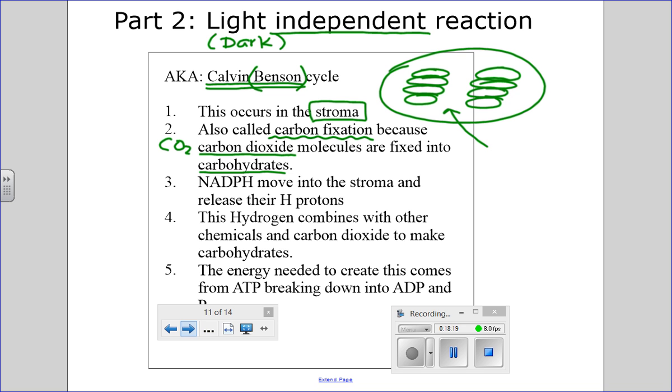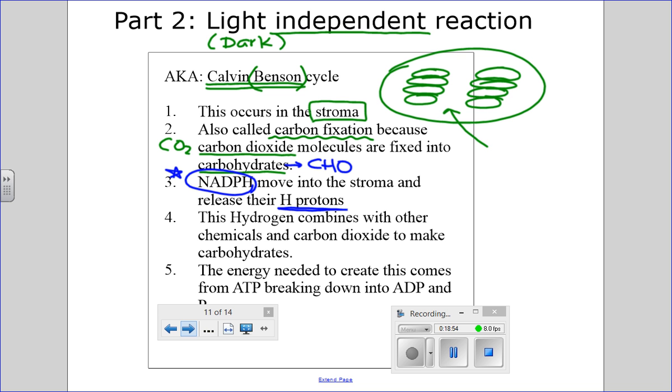Now here's something that's really important. NADPH, which I just made in the first part of photosynthesis, moves into the stroma from the thylakoid membranes and releases hydrogen. Now that's really helpful because if you recall, carbohydrates are made out of C and H and O, and carbon dioxide only has C and O. There have to be H's that come from somewhere.